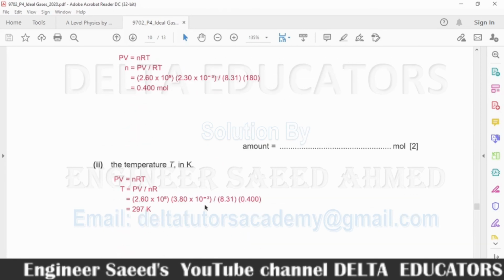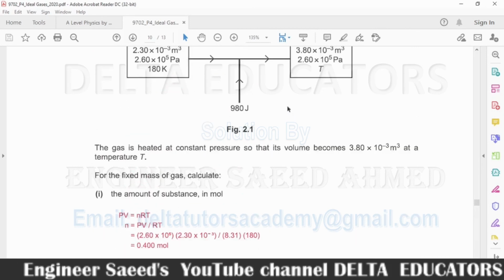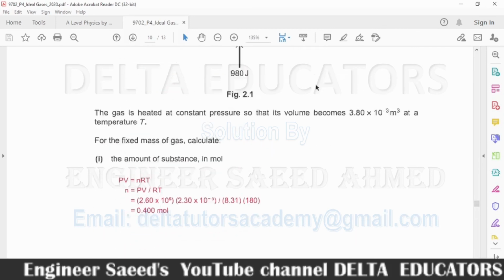Here volume is 3.8 × 10^-3, divided by the number of moles times the constant R. R is 8.31 and the number of moles we calculated in the previous part is 0.4 mole. So in place of the number of moles we write 0.4, and by solving this we get the answer 297 Kelvin. So temperature T is 297 Kelvin.